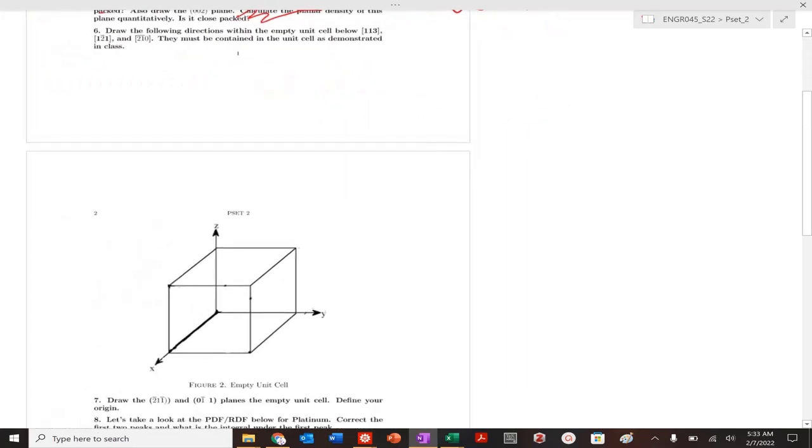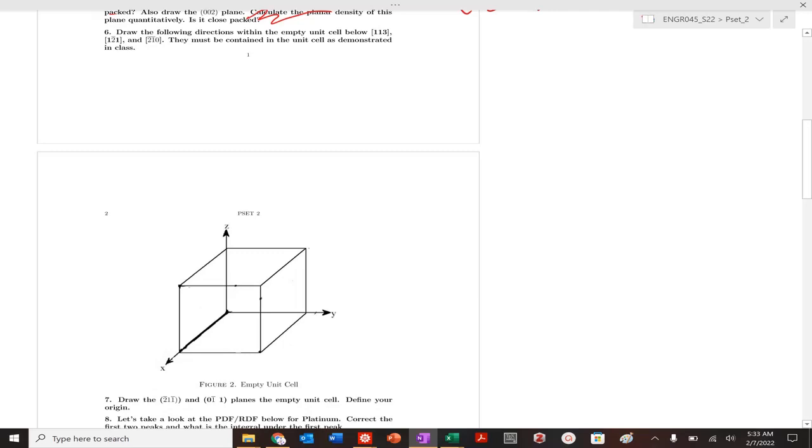So I need to draw the following directions in the unit cell below. They need to be contained in the cell. So let's go ahead. I need to do basically everything in a third. So let's do this one first. 1, 1, 3. So I'll do it 1, then 2/3, 1, 2/3, and then 1, 0.